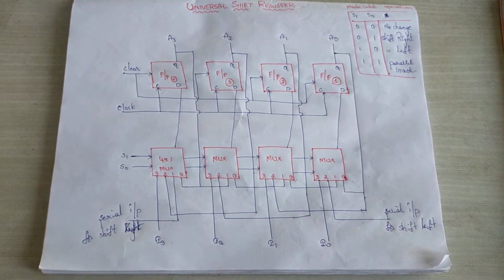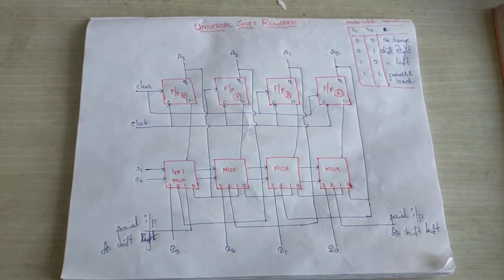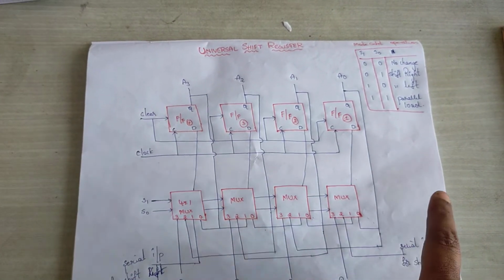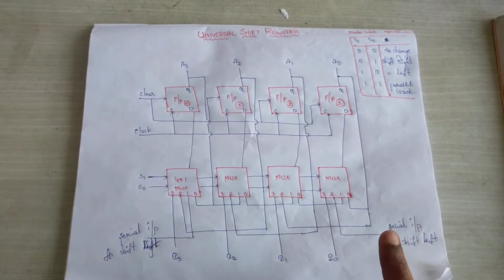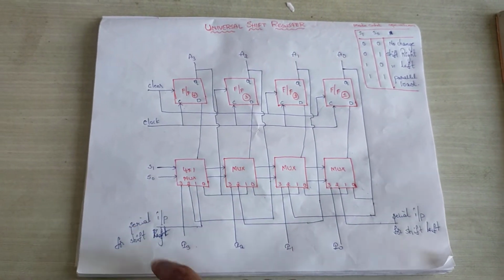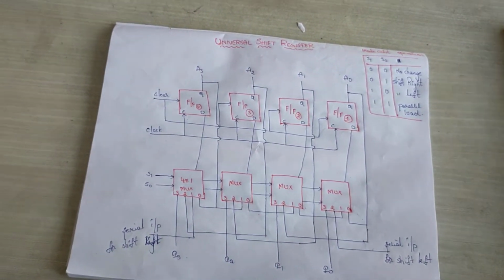Universal means it can shift either from left to right or right to left. Bidirectional means it can shift from left to right or right to left. That is known as a bidirectional shift register.